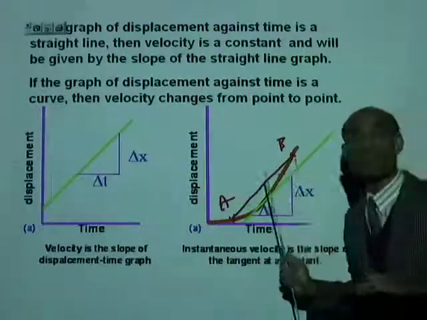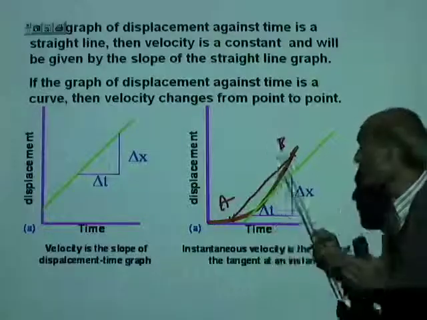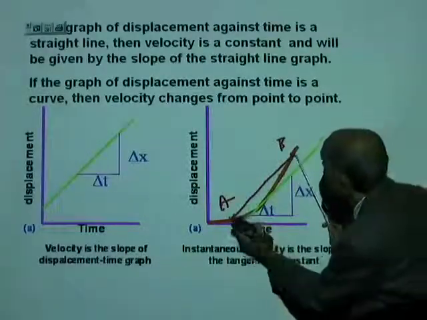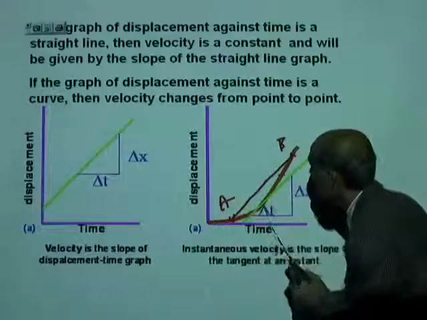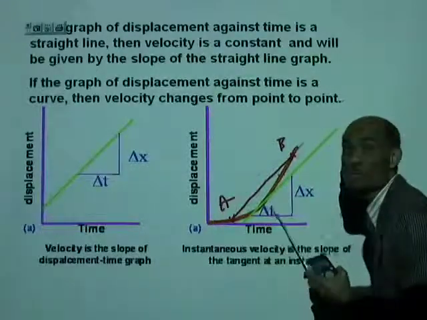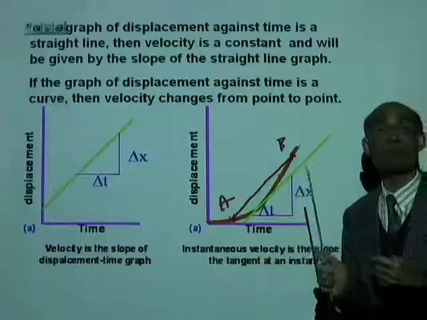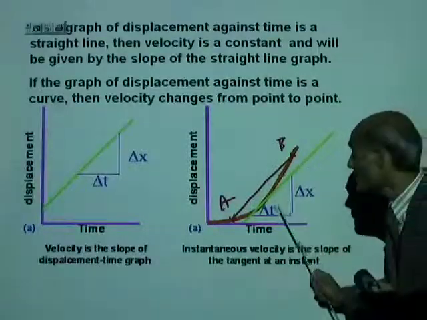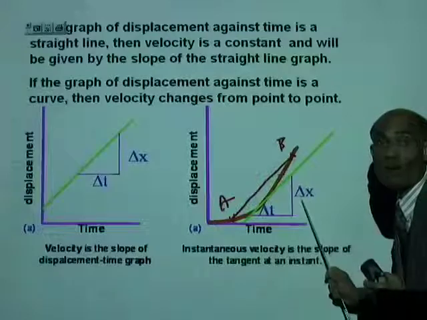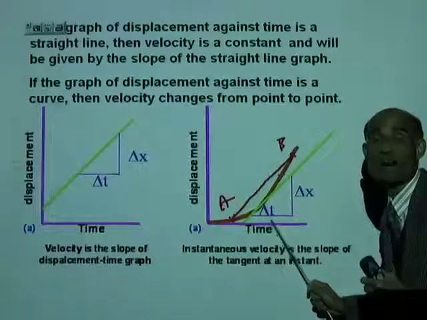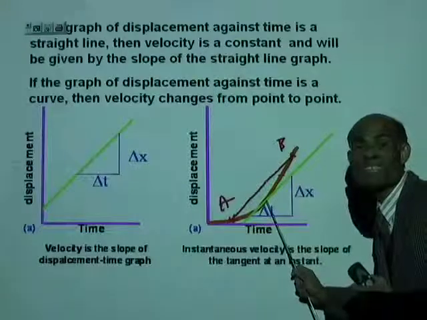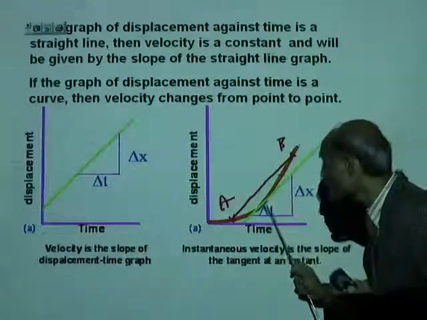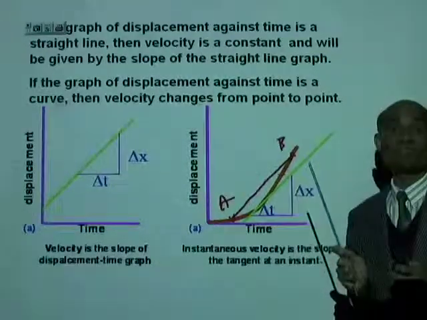And in order to define the instantaneous velocity, what do we do? Bring points A and B closer and closer so that this delta t is very close to 0. Then the limiting value of delta x divided by delta t will be the slope of the tangent line at that point.